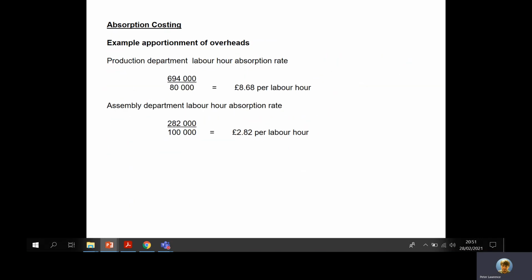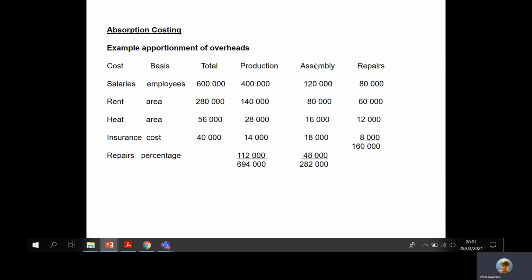What we would do is take 280 divided by 140,000, which is the total floor area, and then multiply that answer by 70,000 for the production department, by 40,000 for the assembly, and by 30,000 for the repairs. So we use each basis of apportionment as a ratio to split up the total overhead.